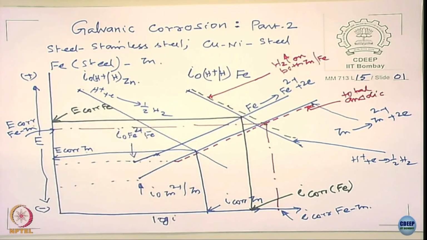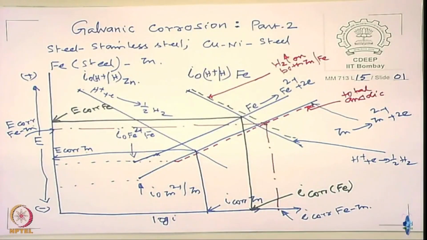At that particular potential, the current that is flowing on steel and zinc is given by this diagram. Now can you get from the diagram what corresponds to the dissolution of iron? And what corresponds to the dissolution of zinc? Can you tell me what is happening there?